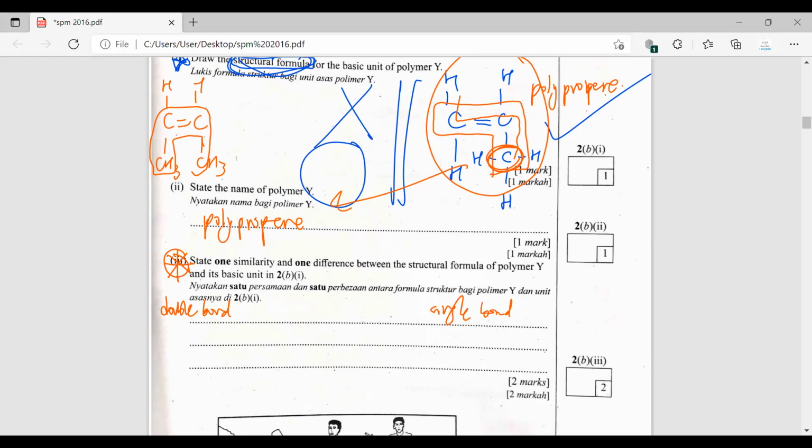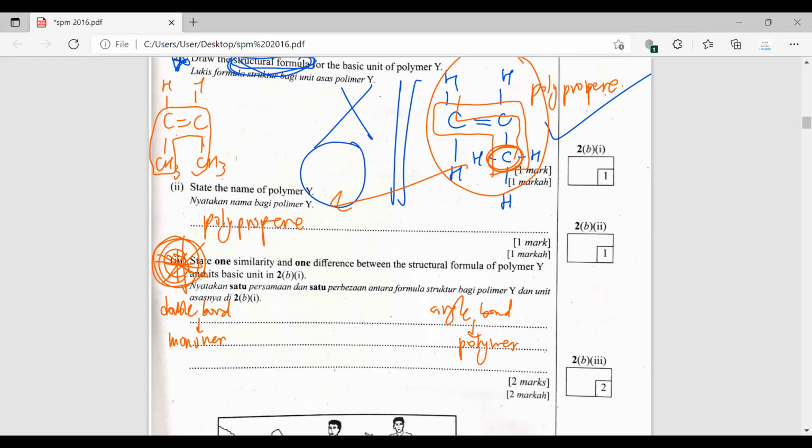Okay, now a polymer should never ever have a double bond. But your monomer always has the double bond. So this is one thing that you need to check. So the monomer has the double bond and your single bond will be your polymer. This one you need to go back and read first. Then teacher wants you to try this question once again.